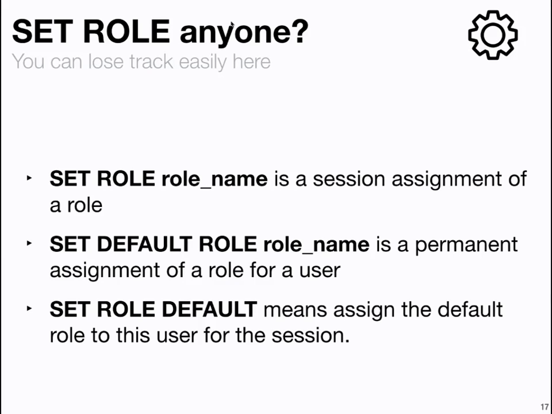Instead, set role default means, among all the roles that I have, take the default one as the current role. So this is a temporary assignment. I know, it's confusing, but you will get used to it.